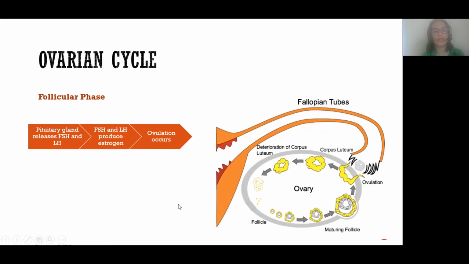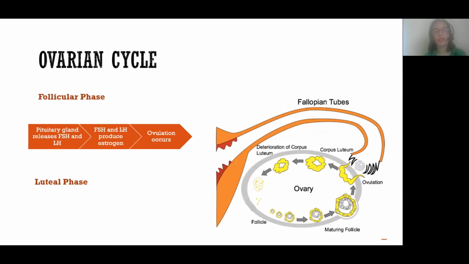Okay, and then the second part of the cycle is the luteal. Okay, you see here cells also. This is called the corpus luteum. Okay, so what do you know of corpus luteum? Okay, so corpus luteum is a yellowish follicular cell that acts as endocrine.